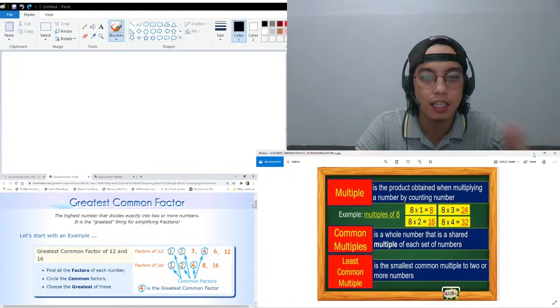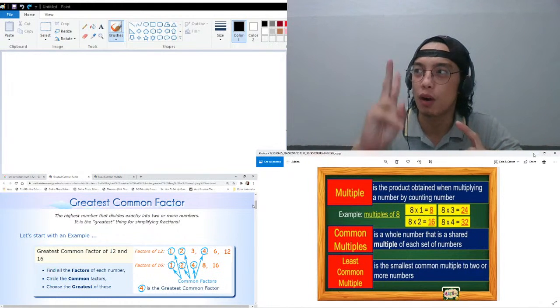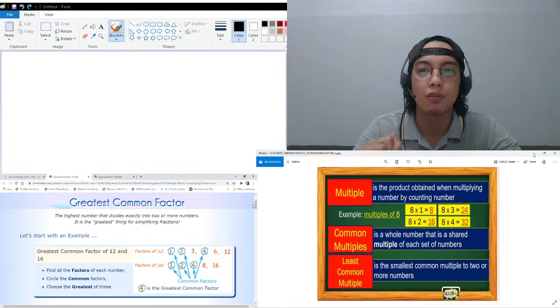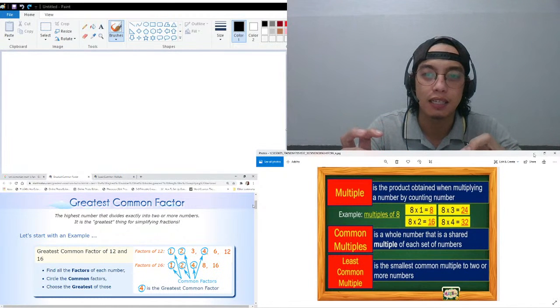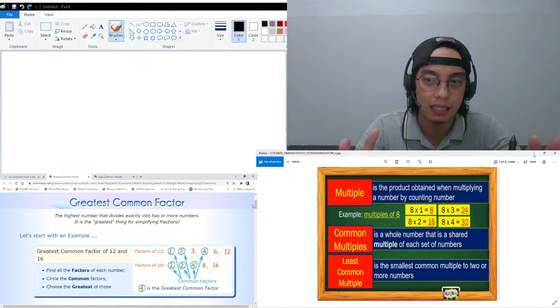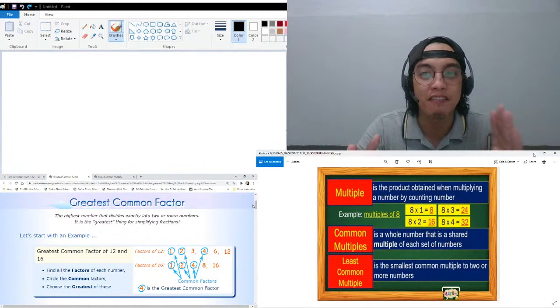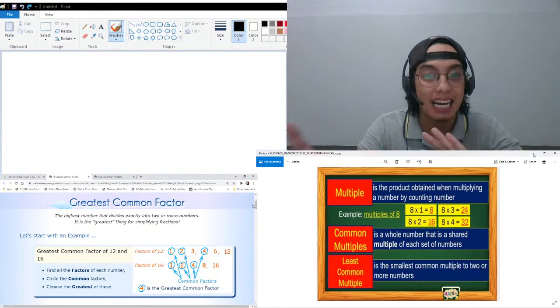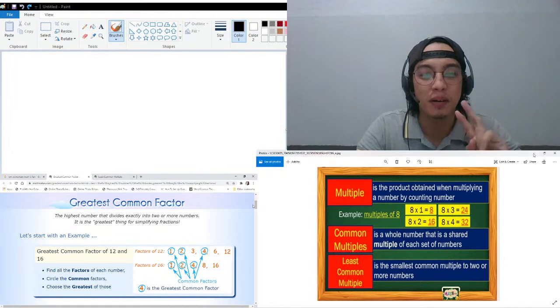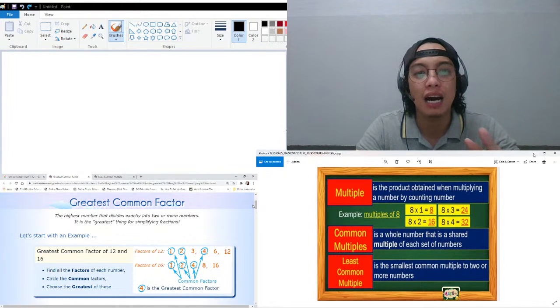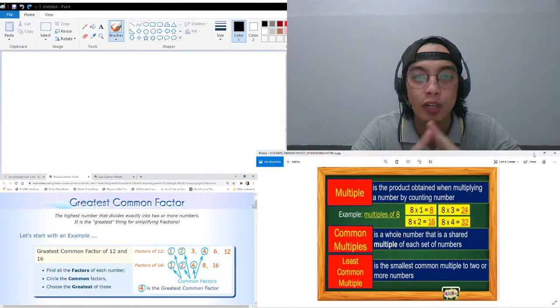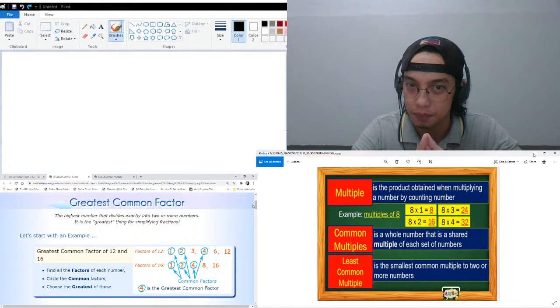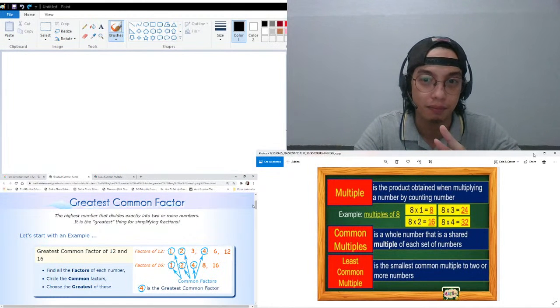Factor ni siya sa duwa ka number. So natay duwa ka numbers. Unsa ang factor nila nga ma-divide nimo sila. Unsay number na ma-divide nimo sila na kinadakan na pareho. Nasa clear? So natay duwa ka numbers. Unsa ang that number nga ma-divide nimo pareho ning duwa ka number nga kinadak-an nila.